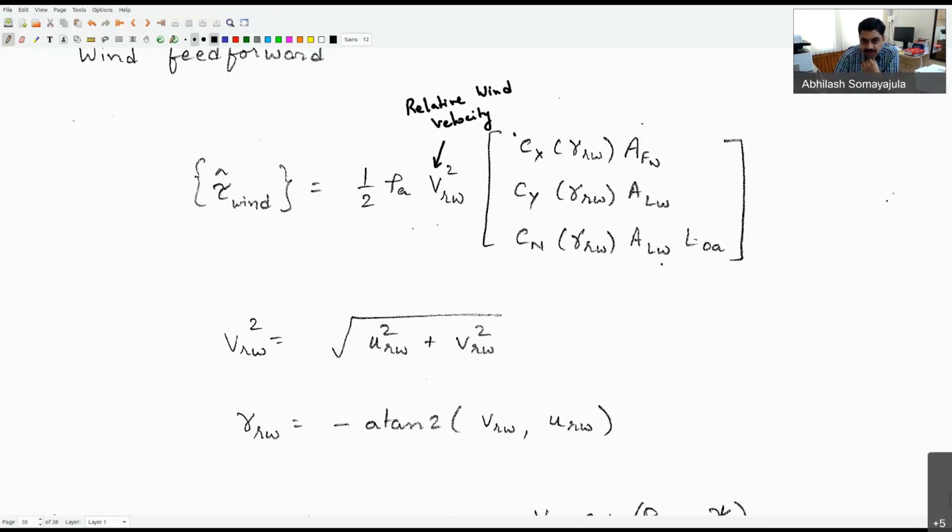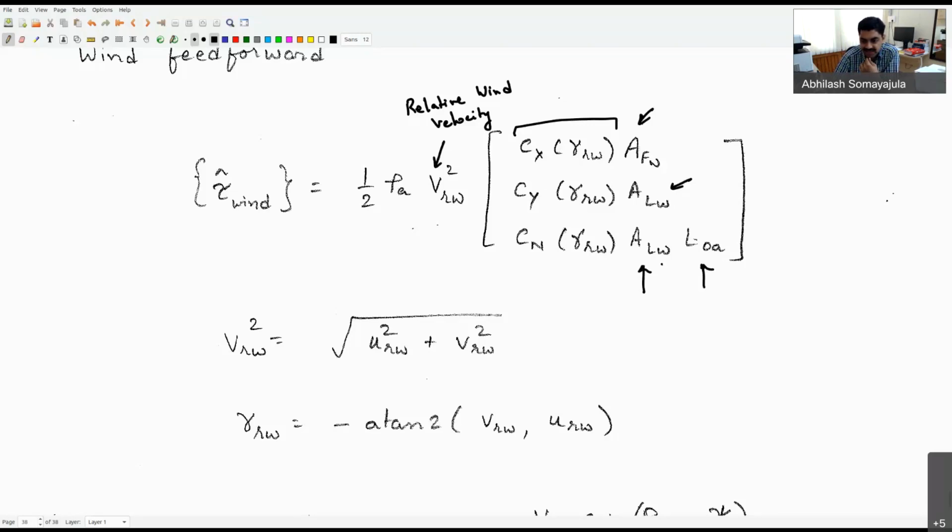And then we have the coefficients Cx, Cy, and Cn, and the projected areas: the frontal projected area, the lateral projected area, and for the yaw, the lateral projected area multiplied by the length overall of the vessel. We had even seen some representative numbers for these coefficients and how they vary with the relative heading angle, which is gamma RW.